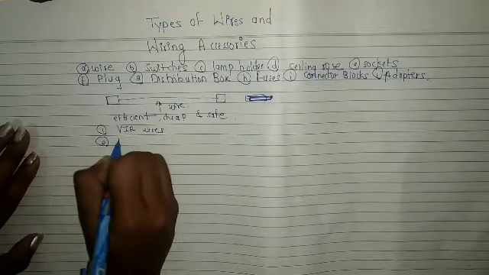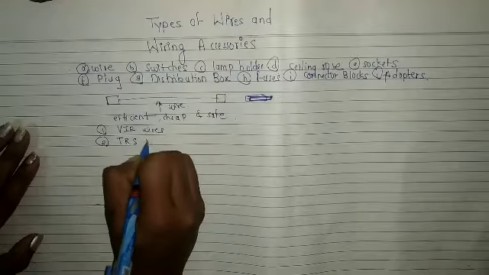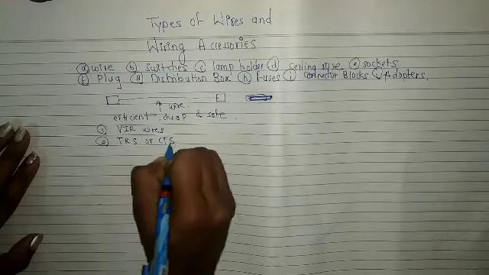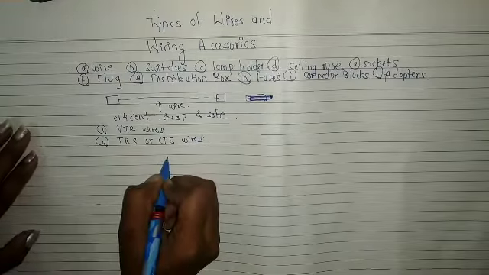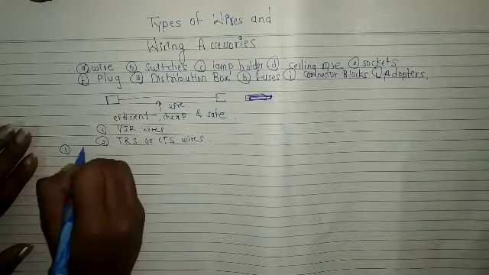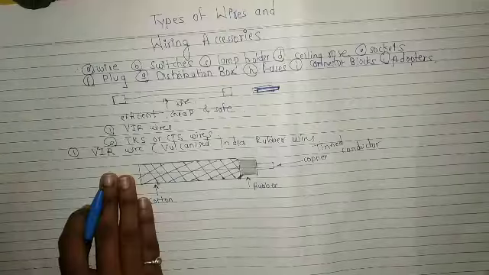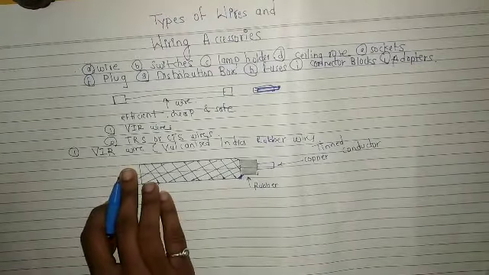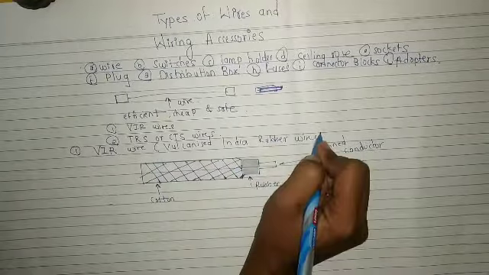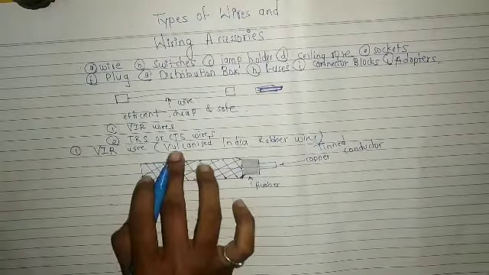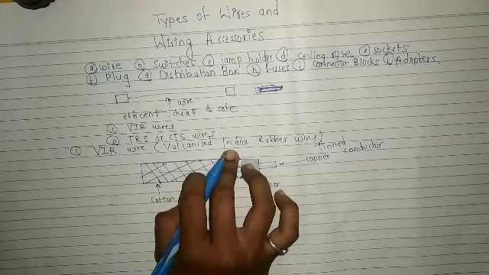And the second one is TRS or CTS wires. Okay, we'll see it one by one. So first one is VIR wires. VIR stands for vulcanized India rubber wires.